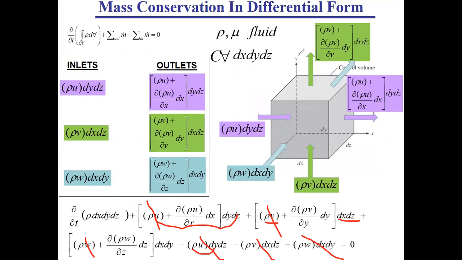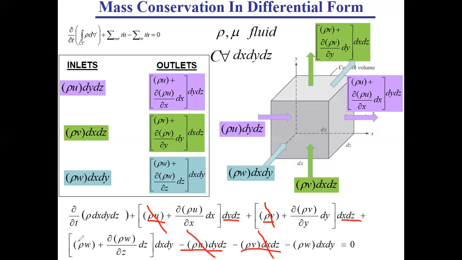Yeah, I will repeat. After you write the balance, you will start to simplify terms. You have a lot of terms that will cancel out. For example, here this term is rho u times dy dz, and from this side you have minus rho u dy dz, so this term will cancel out. Same for this one, you have plus rho v dx dz and here minus rho v dx dz, so this term also will cancel out.